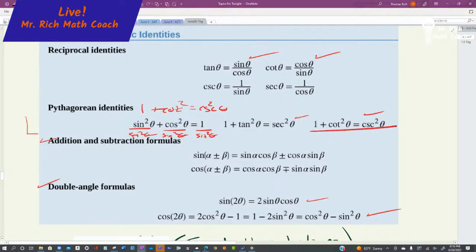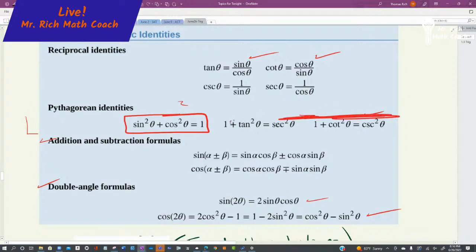So that's what gets you that. Or if you divide everything through by cosine squared, you'll get the other identity. I just want to throw that out to you, because almost all students I work with have that one memorized, but they somehow don't have these memorized. But these can easily be obtained, as I just showed you.